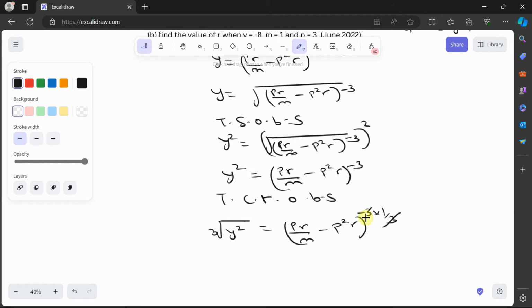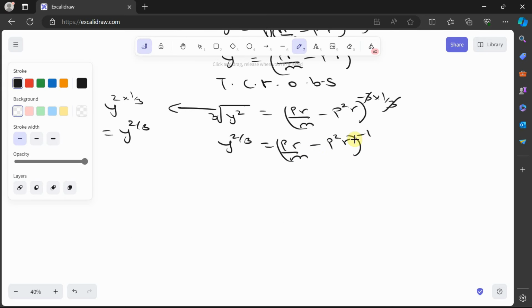So this one will cancel this one. I could write this as y squared times 1 over 3, right? Which is like saying y raised to the power of 2 over 3, because cube root is raised to the power of 1 over 3. So we can write this as y raised to the power of 2 over 3 is equal to pr over m minus p square r raised to the power of minus 1.